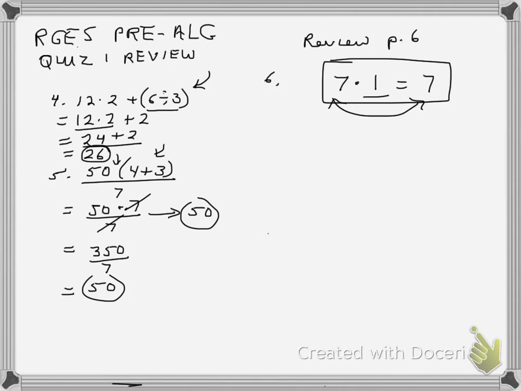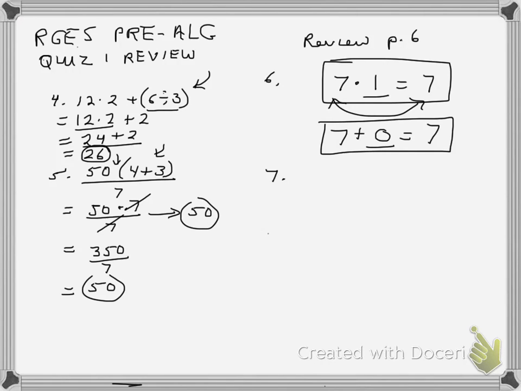If I'd said the identity property for addition, it would be the same idea. What must I add to the left side so that I will end up with the 7 again, and only the 7 on the right side? That would be a 0. So these are your identity properties. Again, I care about all these. I could ask many more questions than I did on the quiz, so make sure you review this section.